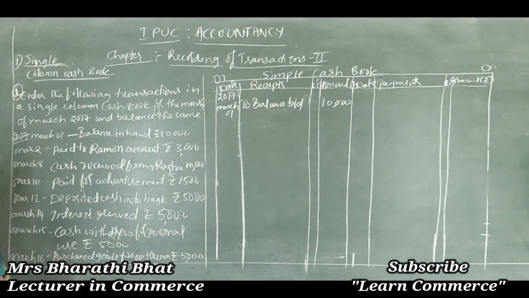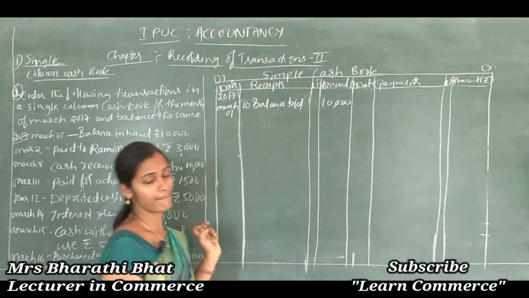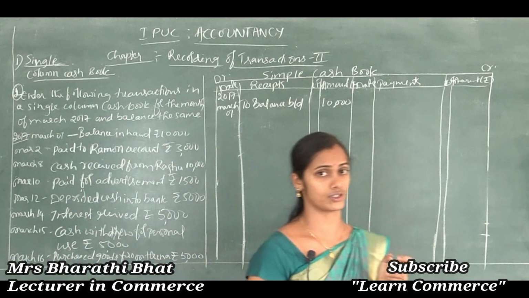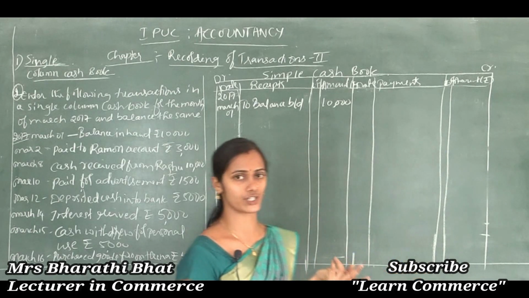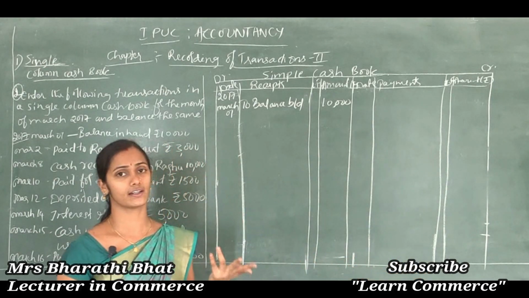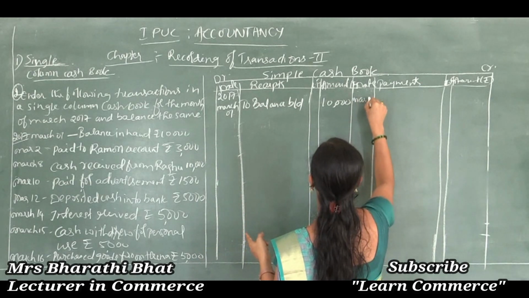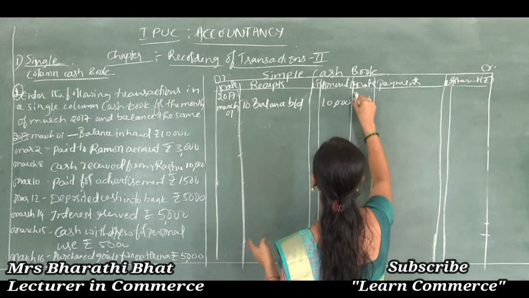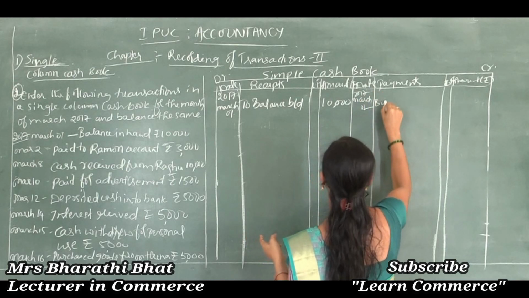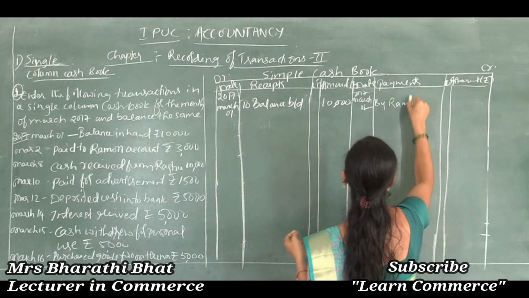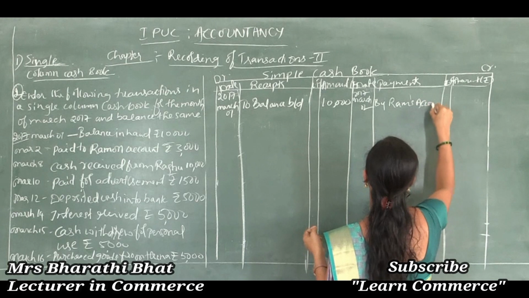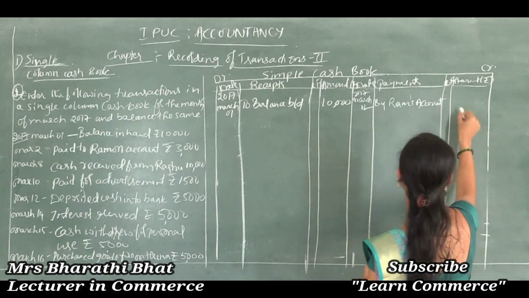Clear? And the next step is March 2, paid to Ram's account. Paid means payment. Clearly they mentioned what date they paid. Okay, very simple. Write the date March 2nd, 2017, by Ram's account. Just mention the person's name and write the amount in the amount column.